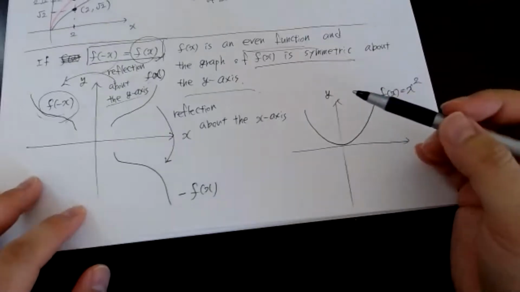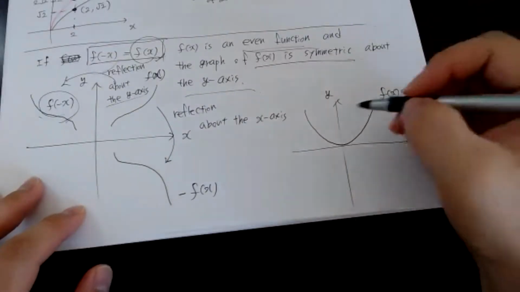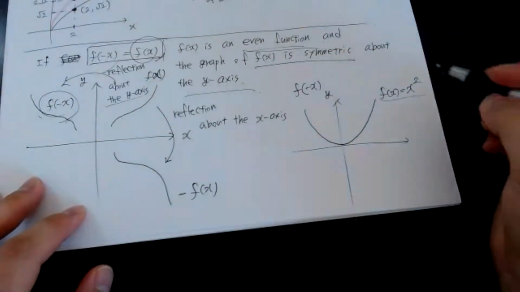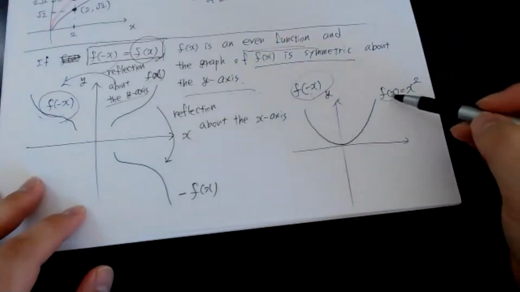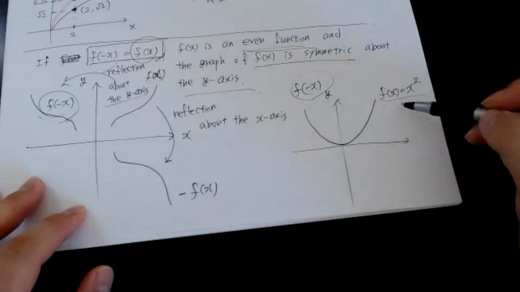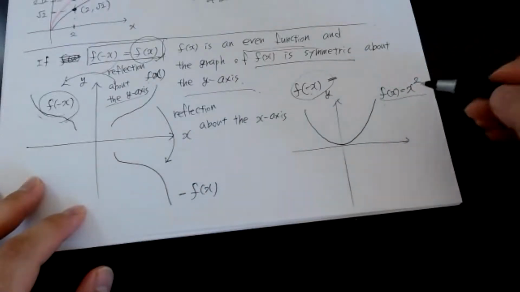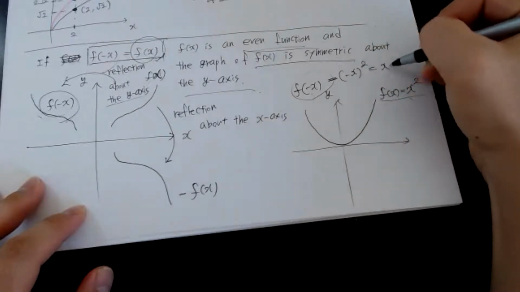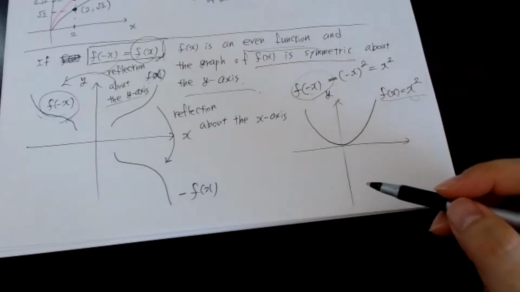So the graph of f of negative x is identical to the graph of f of x. And the equation of f of negative x is negative x squared, which is x squared. This is one of the popular examples of an even function.